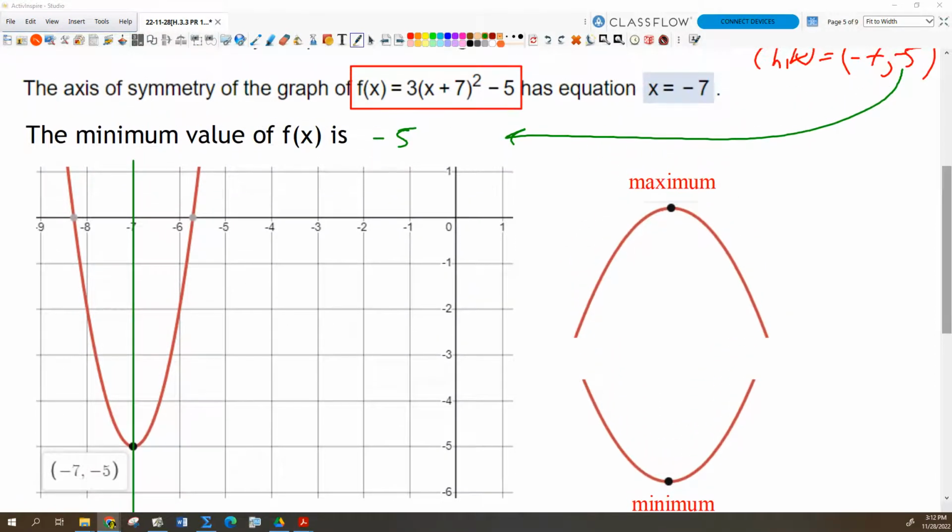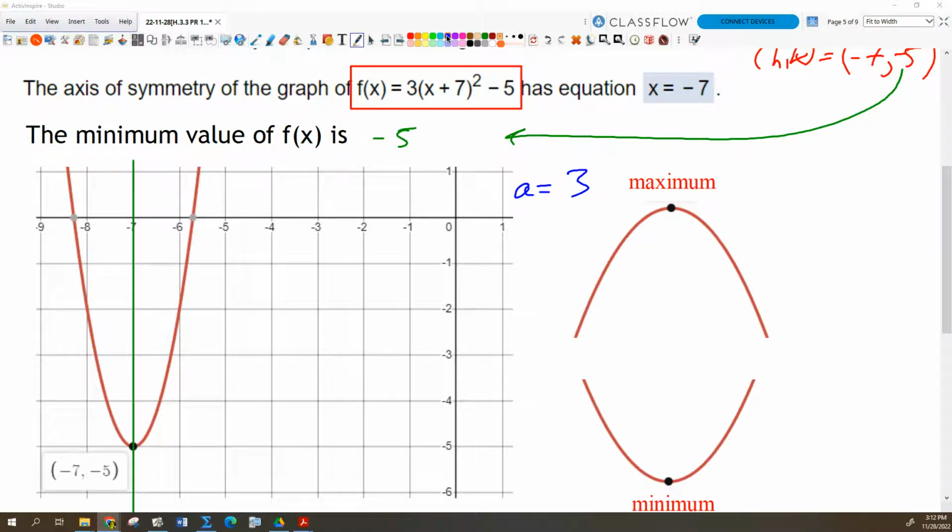Now, what about the a part? So a is equal to 3. That means we're stretching the parabola by a factor of 3, right? So we're going to take a convenient height of the parabola and multiply it by 3. Well, the most convenient for this one would just be over 1 and up 1 normally, right? Though on the parent graph, we go over 1 and up 1 squared, which is just 1.